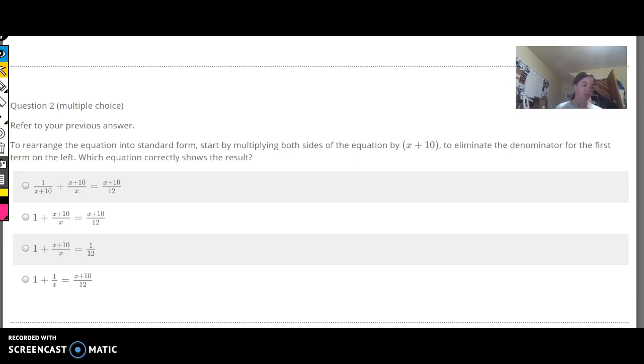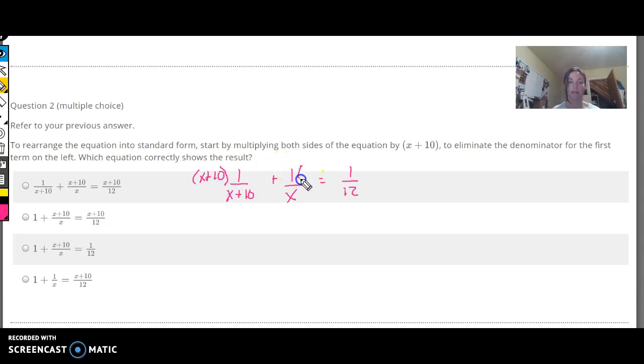Okay, so essentially, I'd like to write this out because it can be a little bit confusing. Remember, we had 1 over x plus 10 plus 1 over x, okay, equals 1 over 12. And all they've asked us to do here is to multiply everything by x plus 10.